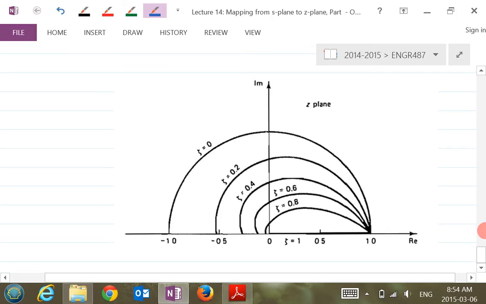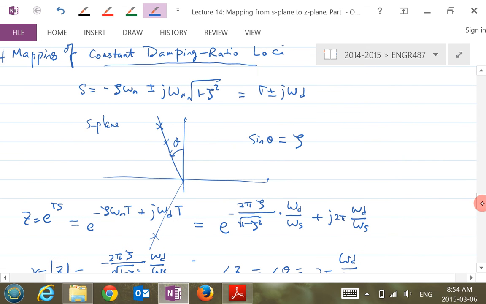Look at the last one, zeta equal to 0, which is actually what? The circle. What circle? The unit circle, right? And where is zeta equal to 0 in the S plane?